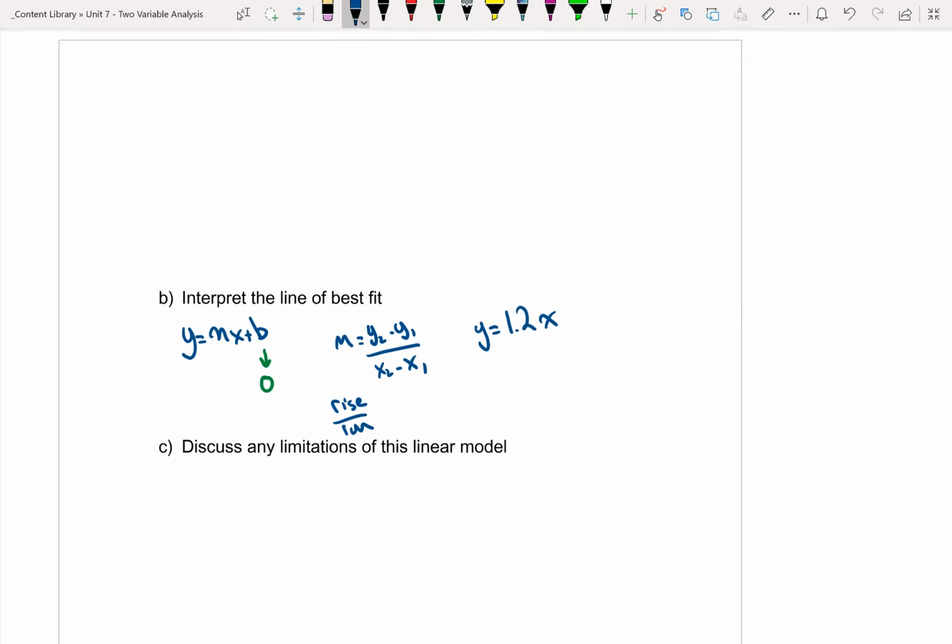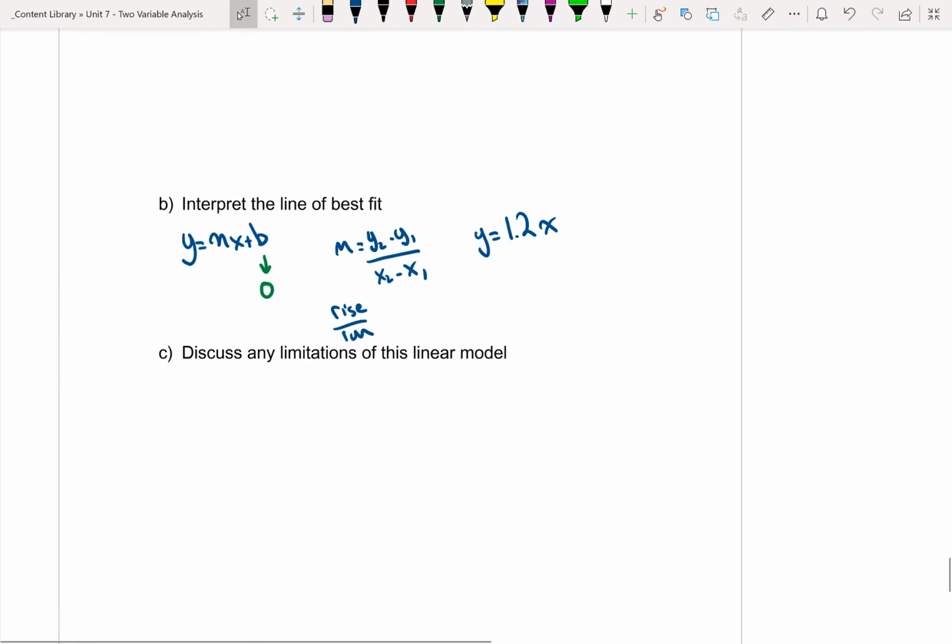So, any limitations of this linear model? Some things you may come up with: there may be other factors that affect it, such as maybe there are injuries to some of the players who are studied, or skill level. Right?